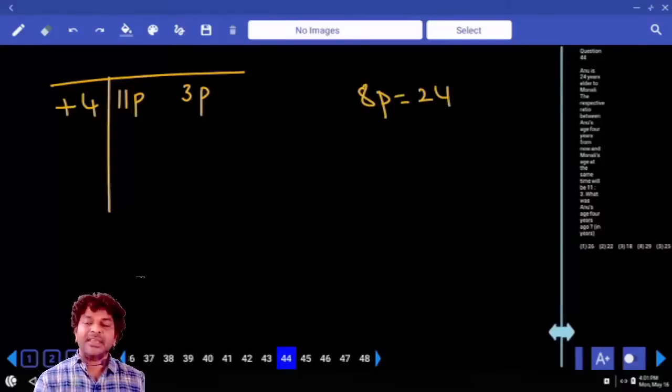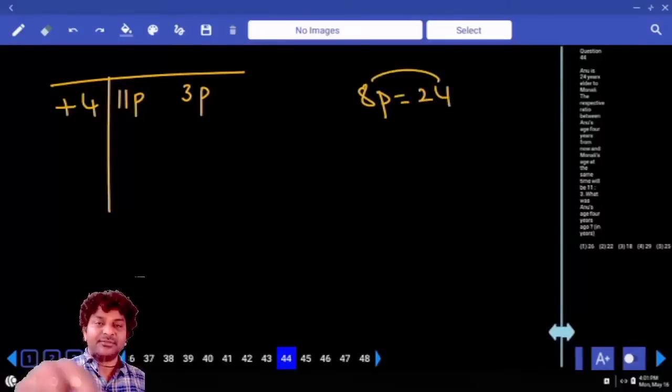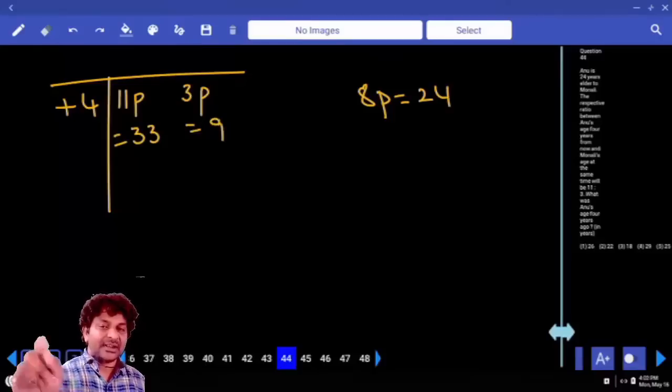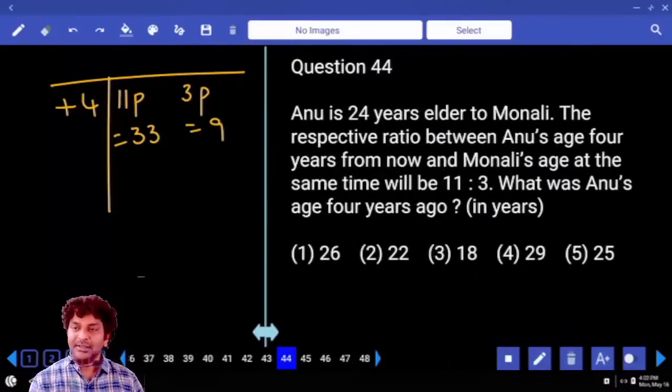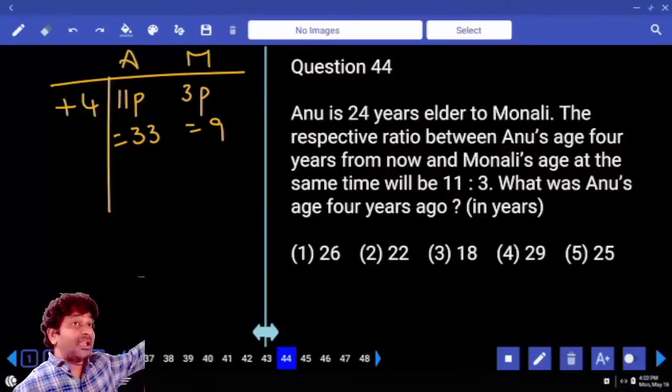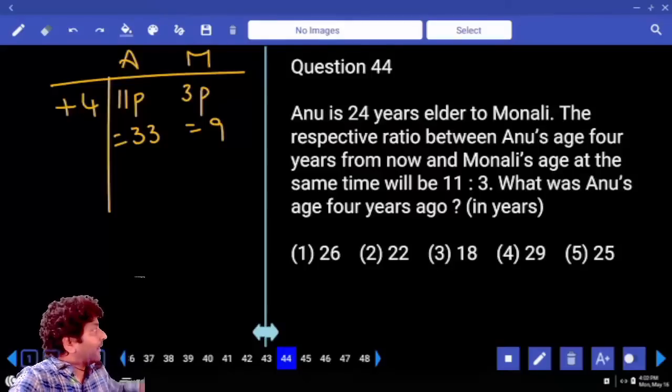Correct? Yes. So 8 how many times is 24? 3 times. Then 11 parts is 11 threes, 33. 3 parts is 3 threes, 9. Right. So these are the ages of Anu and Monali. At what time are their ages 33 and 9? After 4 years.